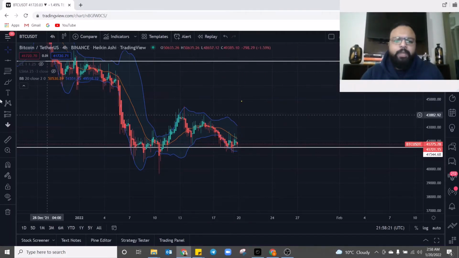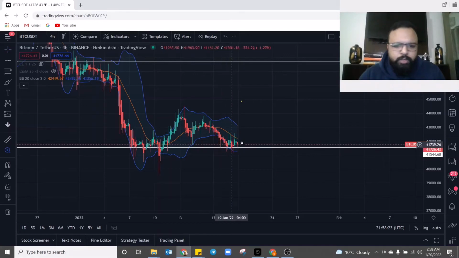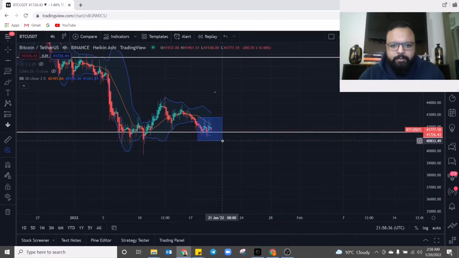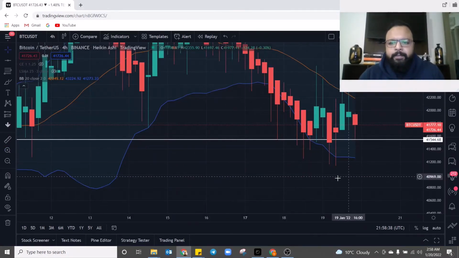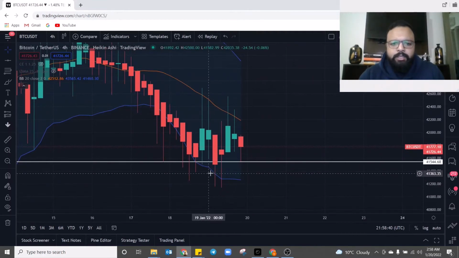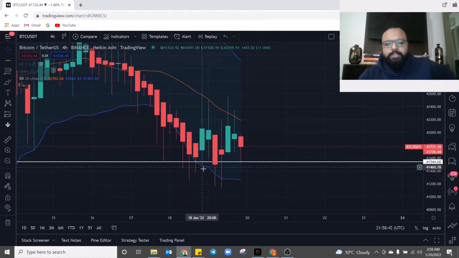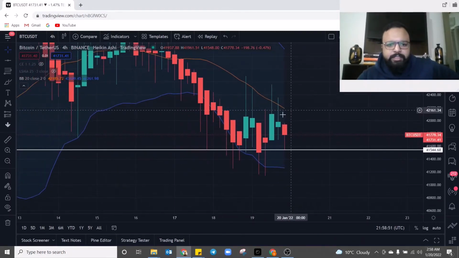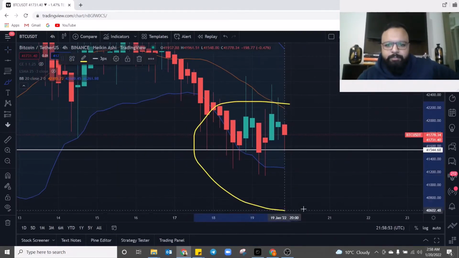This has been happening for quite a while. Now I want you to focus right here. As you can see, this is where the Bollinger Band is actually intersecting the support line. That gives me a hint that this is a region of great support.